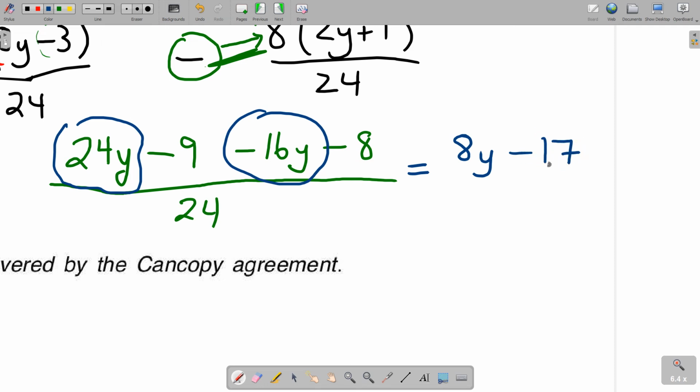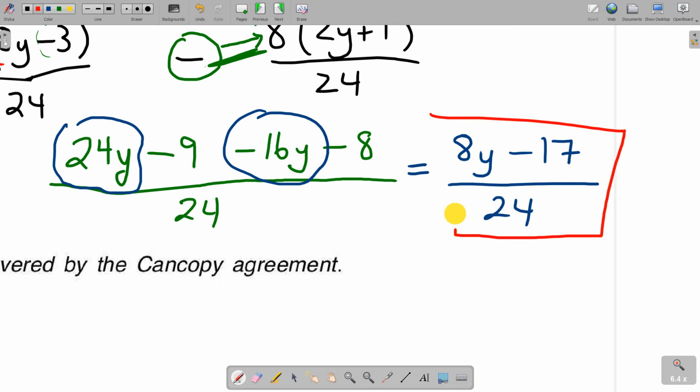Okay, that's prime, so that's good because no distribution or simplification there. And then over 24. Why did I care about that 17? That 17 was nice because they made it in such a way that it can't reduce any of these, and that has less work to be done. This is our final answer.